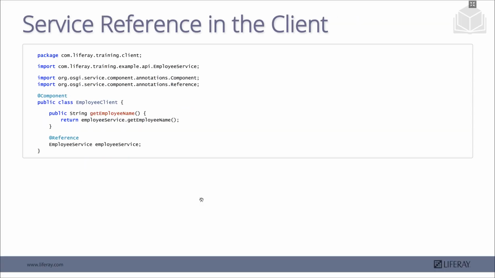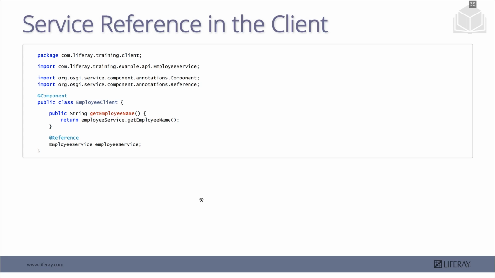Okay. When we create components, it's pretty simple. We just use the @Component annotation. When we want to call a service in the OSGi world, the way we do so is using the @Reference annotation. So we see here the @Reference annotation towards the bottom as we instantiate or create this employee service object.